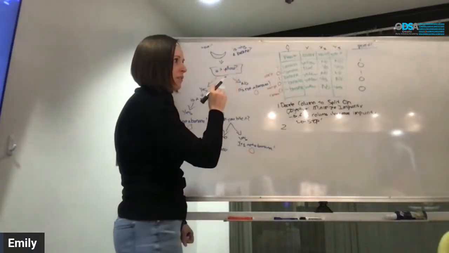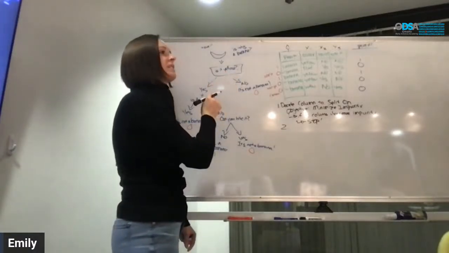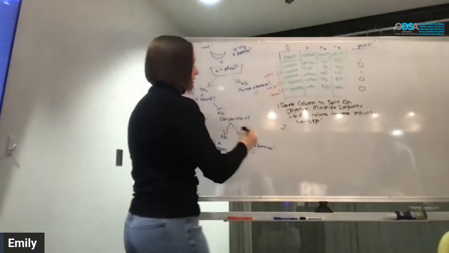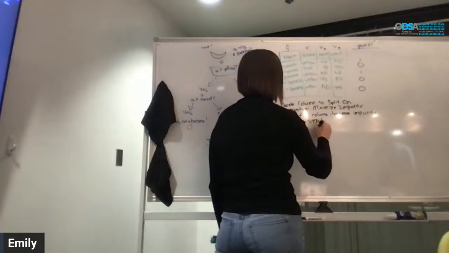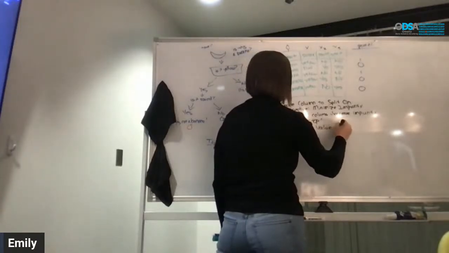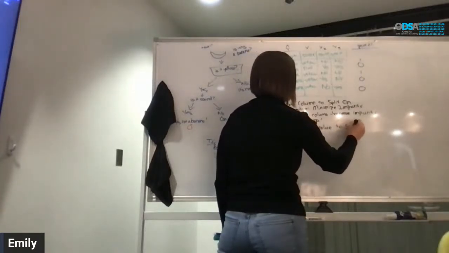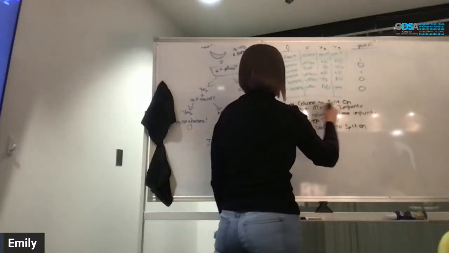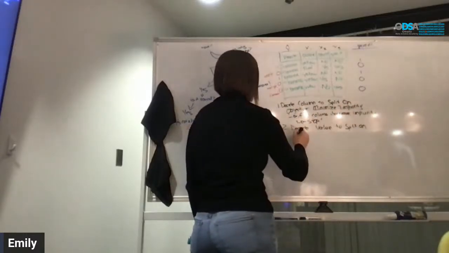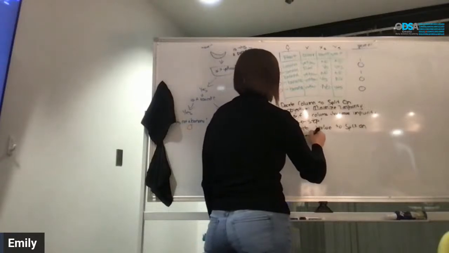So even with number of bedrooms, you have to decide where within there to split on. So then you have to decide the value to split on. And again, the objective is to minimize impurity.